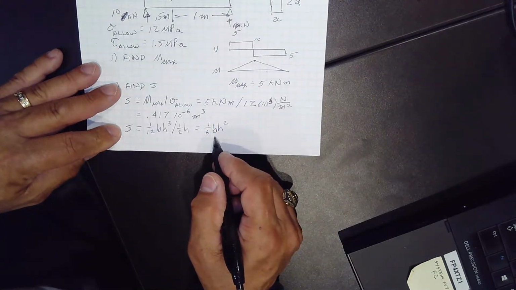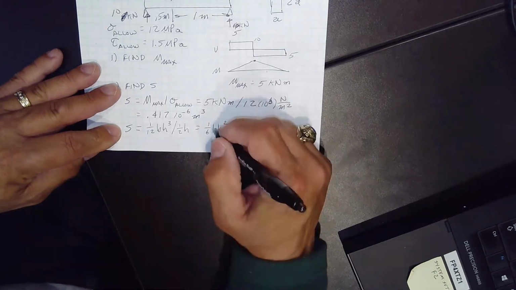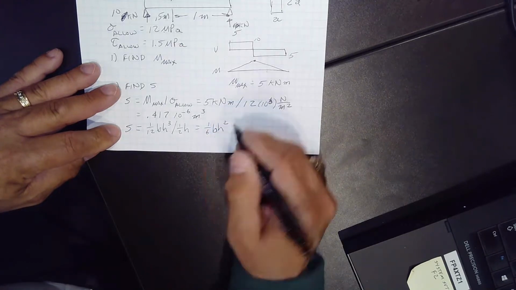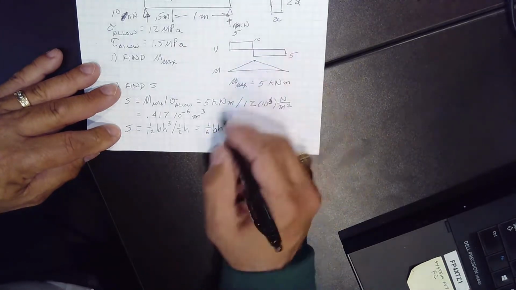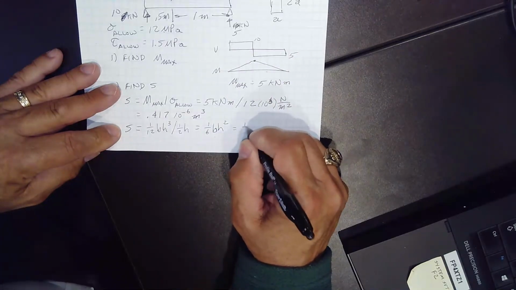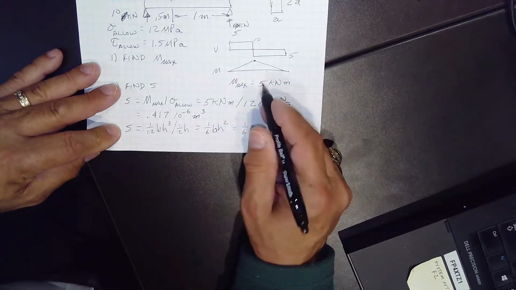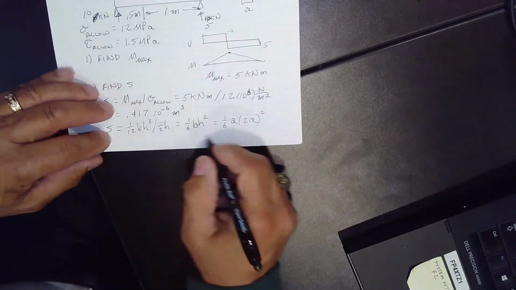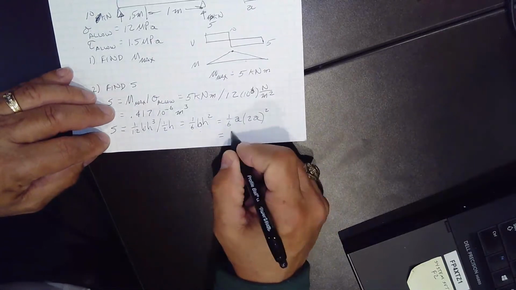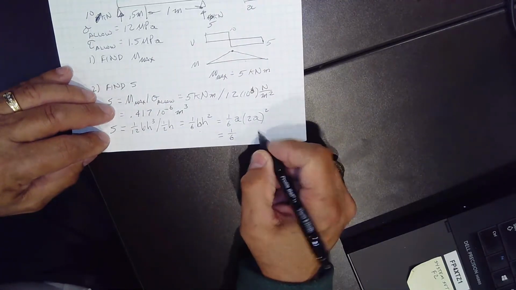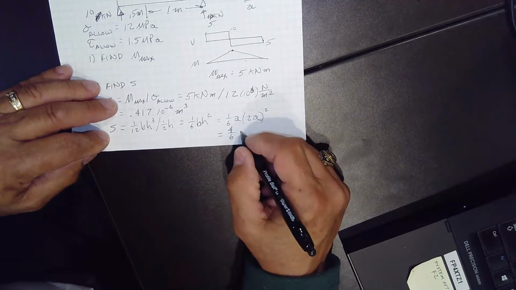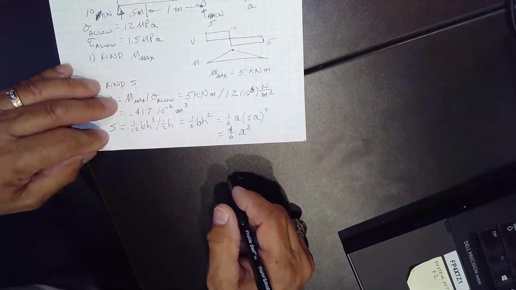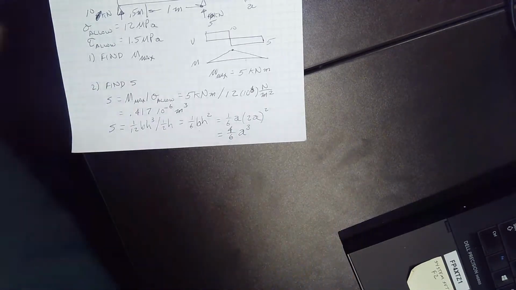But just as a reminder. Well, in this case, B is the base, so that's A. So that's 1/6 A, and H is 2A squared. So that comes out to 4/6 A cubed, or 2/3 A cubed.